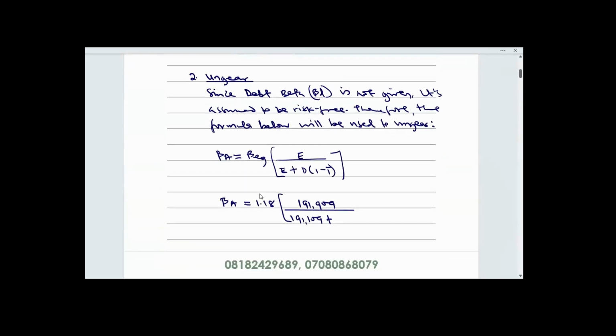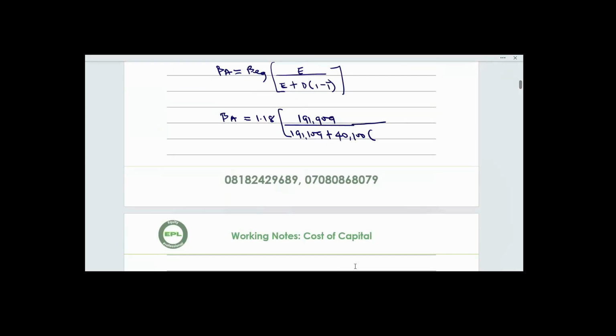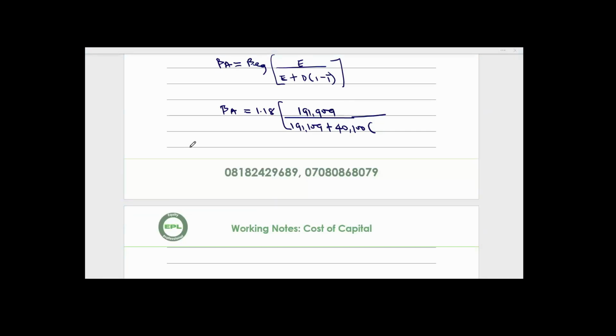Let's go and put it down. Plus 40,100 into what's the tax rate of the proxy company? Let's go back to the question. In the second paragraph after the table, you are told that corporate taxes are payable at the rate of 35%.